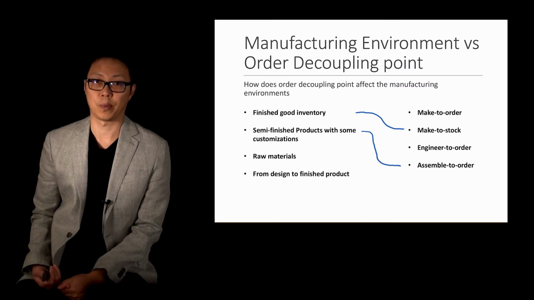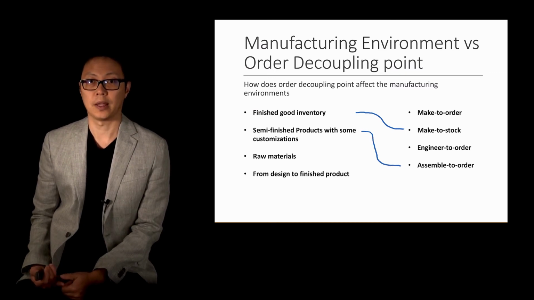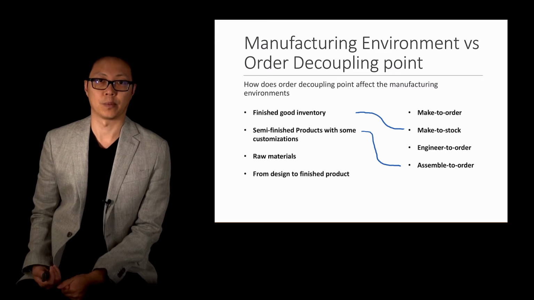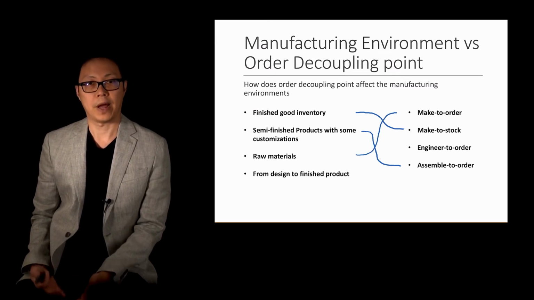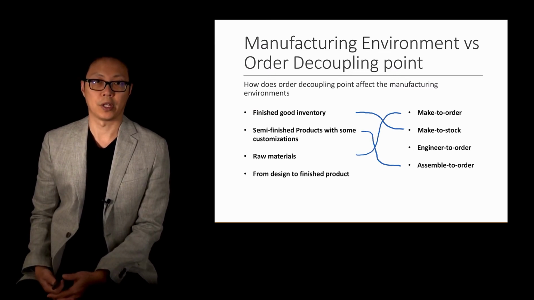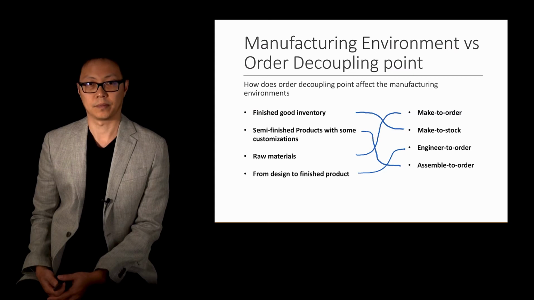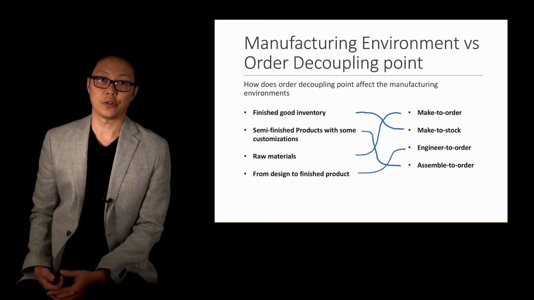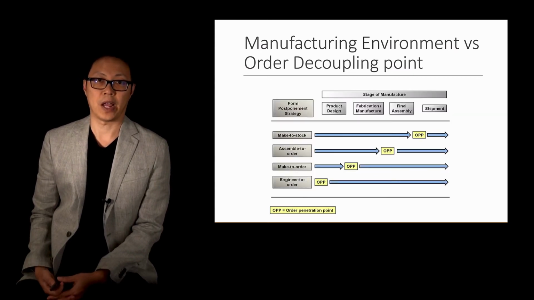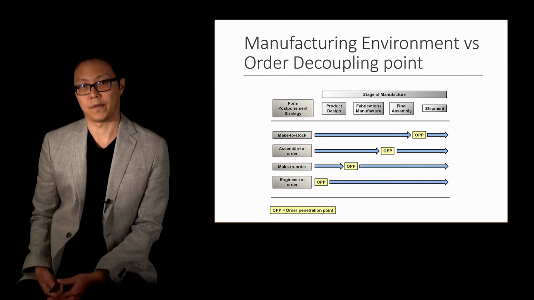If the decoupling point is the raw materials, then make-to-order is more suitable. Finally, if the decoupling point is from design to finished product, an engineer-to-order environment is more likely. The relationship of manufacturing environments and order decoupling point can be summarized on this graph.